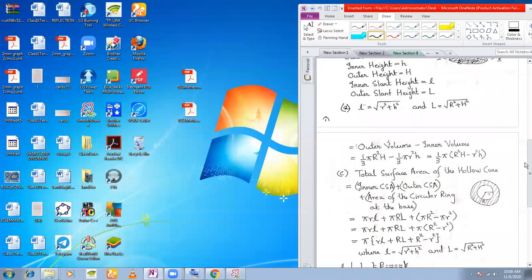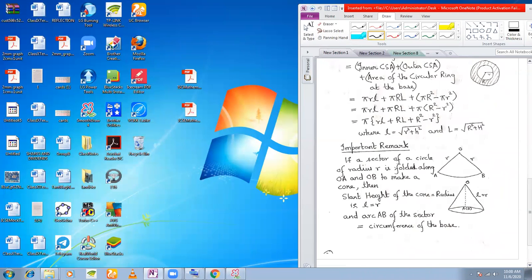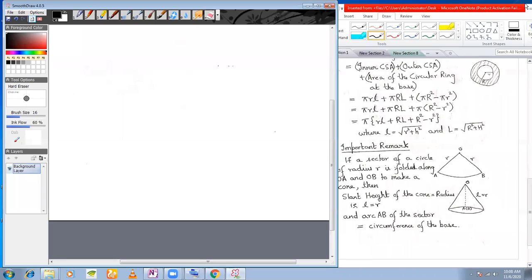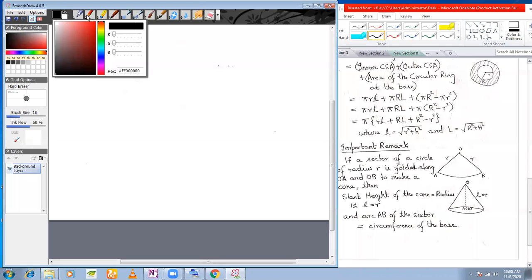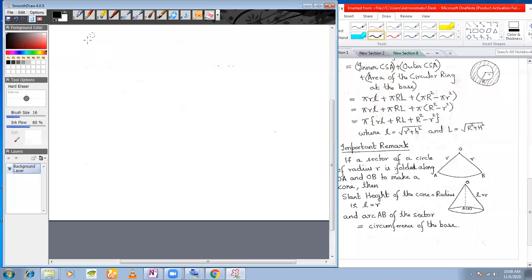Not any problem, but one very important case we are going to discuss here. If you remember, I sent you the video of this, that if a semicircular piece of paper is rolled to make a cone. Here I am talking about an arc, the sector of a circle. This sector can be a semicircle also, no problem.